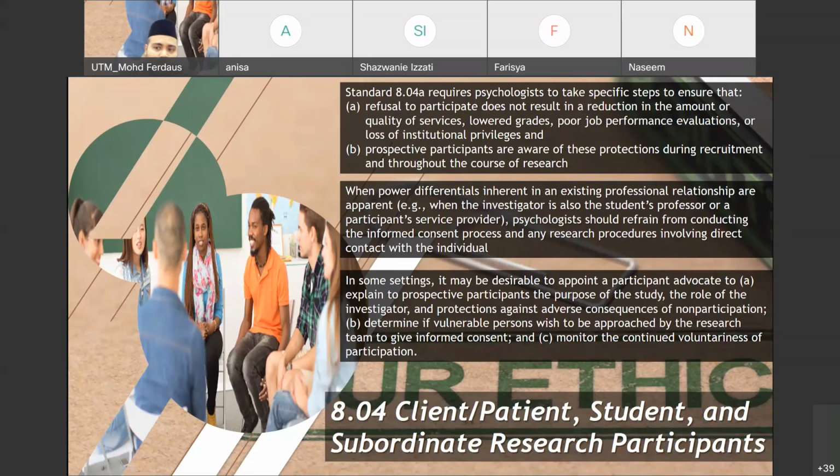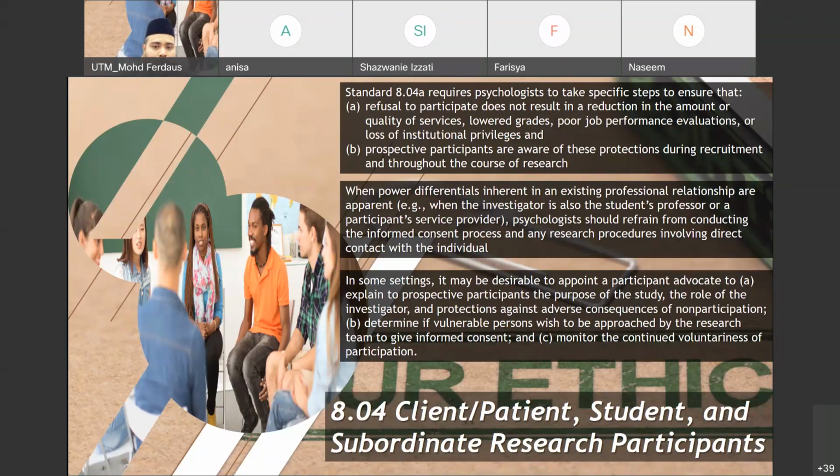There will be no low evaluation. There will be no loss of institutional privileges. There will be no lower grade and so on. So they need to inform this prior to data collection. The participant must know this before, not during, so that they don't have any hesitation. They don't have any problems to decline the offer, or to withdraw their participation during the research.